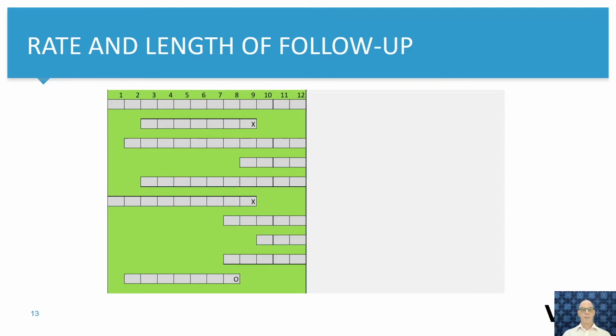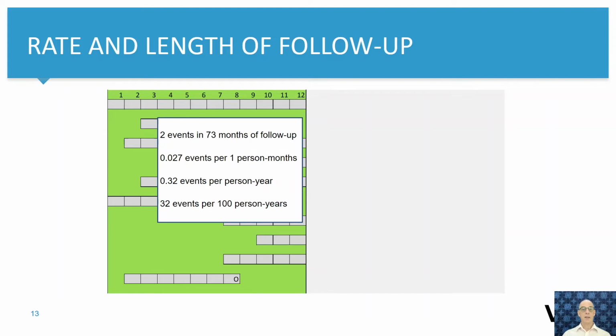But what would have happened if I looked at the rate if I only looked at the first 12 months? Here I have only 2 events in 73 months of follow-up, which translate in the end to 32 events per 100 person years. So quite different than when I looked at the full 24 months of follow-up.